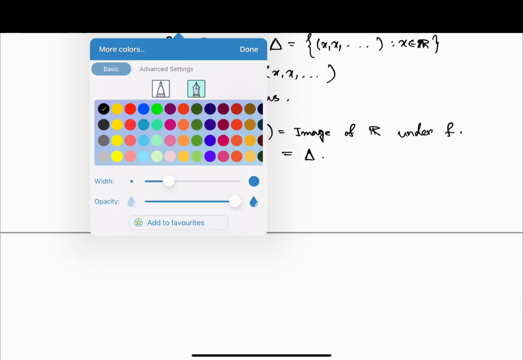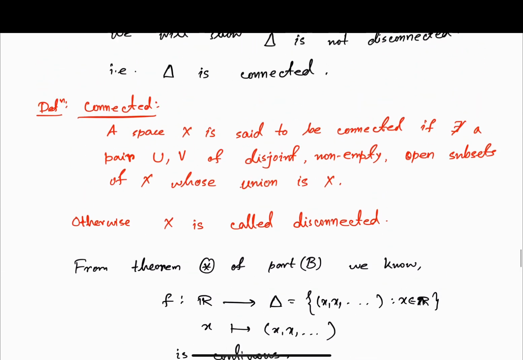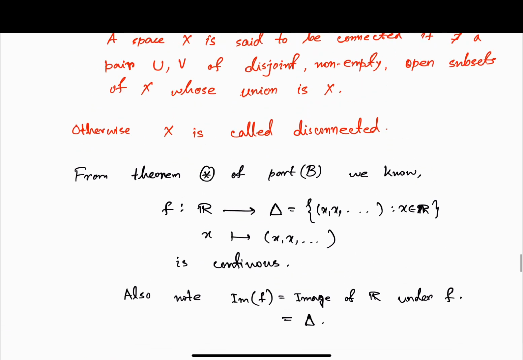And let me write one more result, a theorem. So we have to show that delta is connected. Here we know that f is continuous and we know R is connected. And there is one result that the continuous image of a connected set is connected. As R is connected, so delta will be connected.